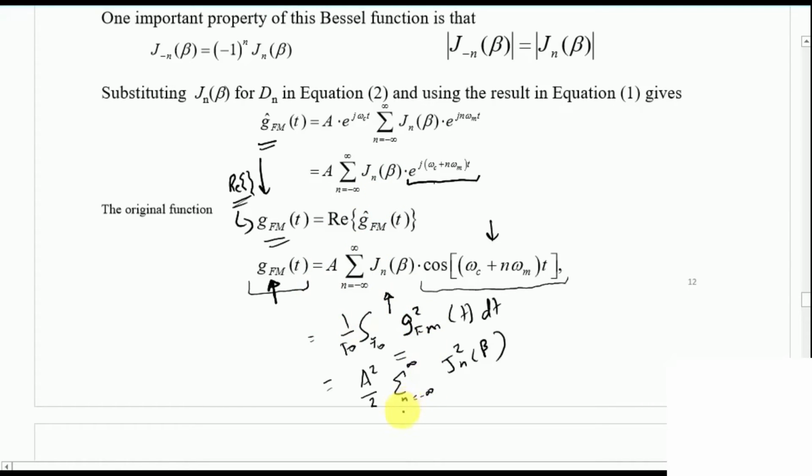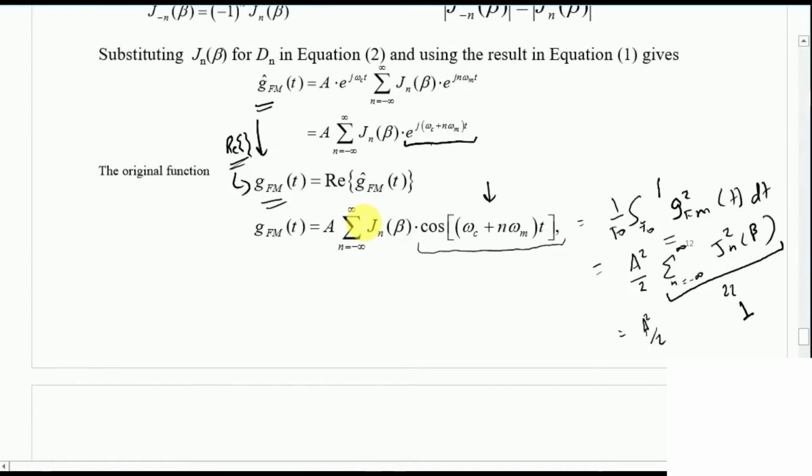But the Bessel function also has the property that if you take Jn square of beta and sum all of those, that is equivalent to 1. So we would have simply A square by 2, right?